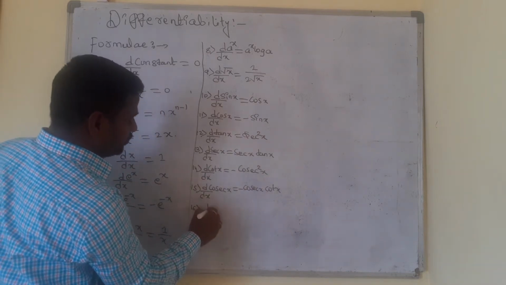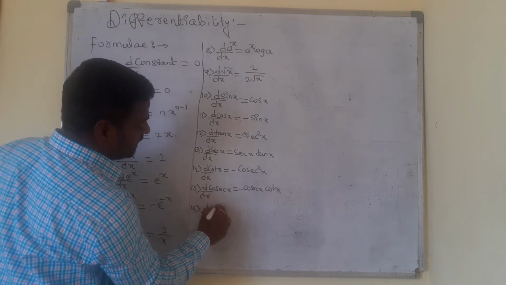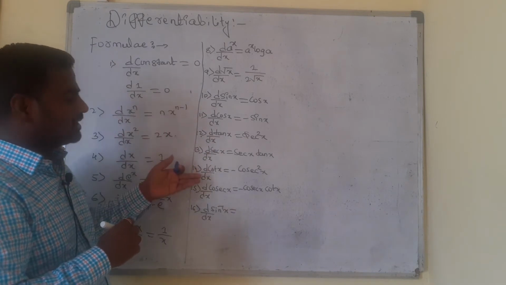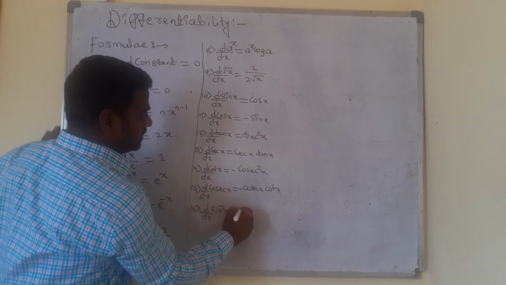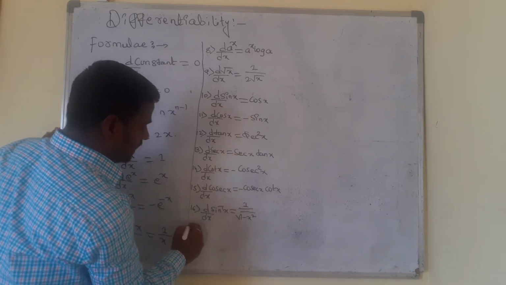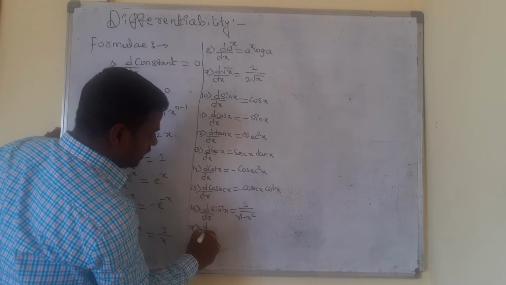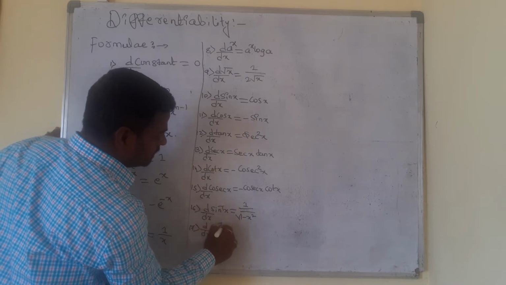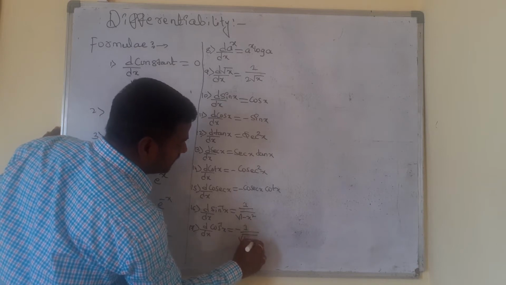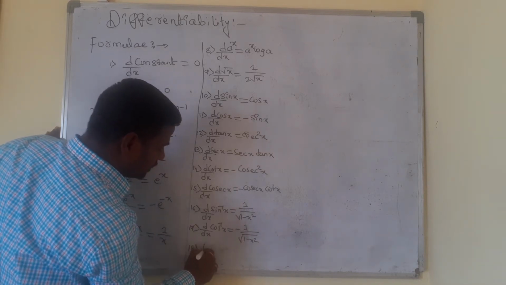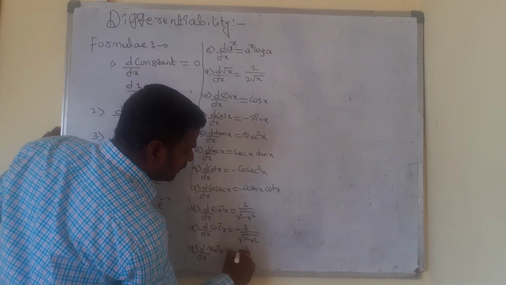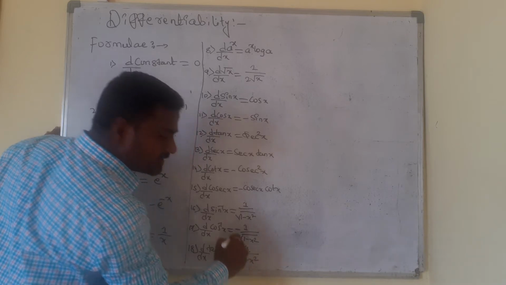Next, the differentiation of inverse trigonometric functions. d/dx of sine inverse x is 1 divided by root of 1 minus x square. d/dx of cos inverse x is minus 1 divided by root of 1 minus x square. d/dx of tan inverse x is 1 divided by 1 plus x square.